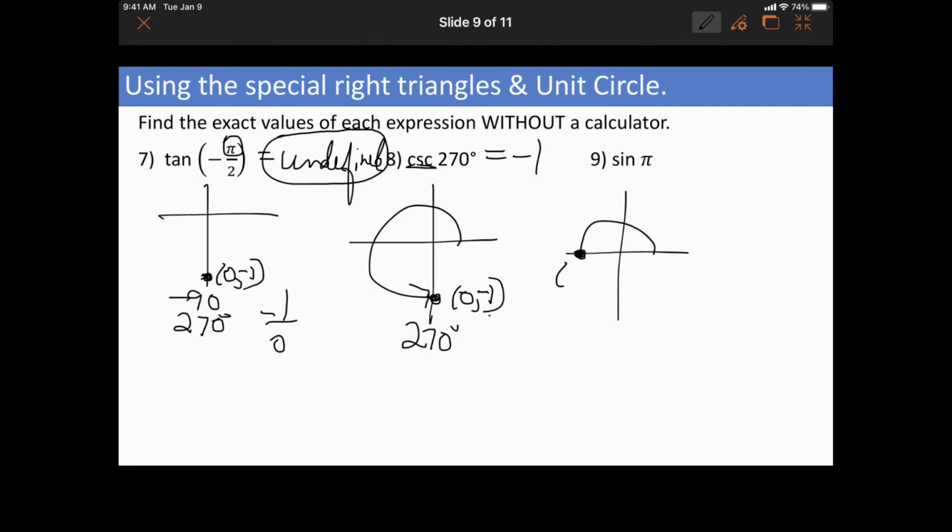This is negative 1, 0. That's pi, 180. The x value is 0, so it's going to be 0. Okay, there you are. So again, if it falls on any of the axes, x or y, so here or here, special angle. Use the point.